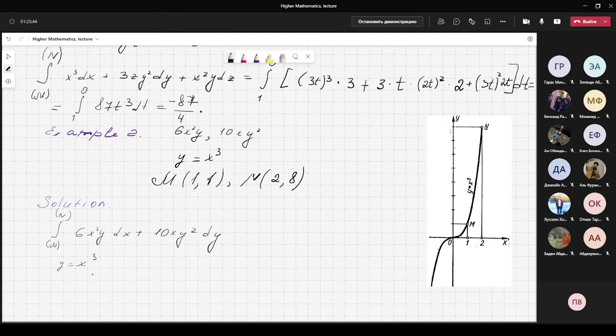Here, the abscissa x of the point of the curve serves as the parameter, and the parametric equations of the curve are x equals x and y equals x cubed. The parameter x varies from 1 to 2.